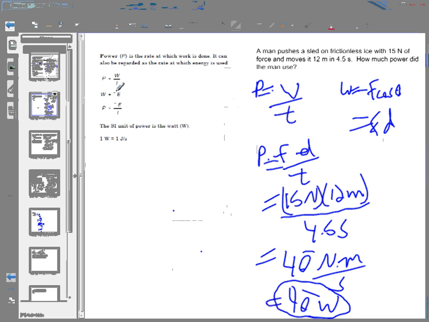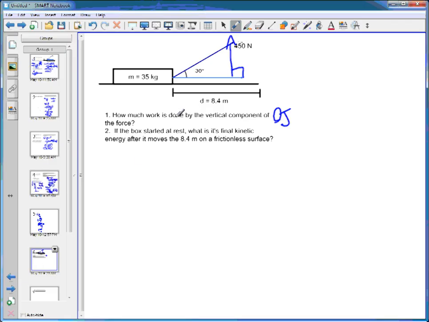If work is equal to energy, and they're interchangeable, and they want to know its final kinetic energy, because it's on a frictionless surface, there's no heat energy created. Therefore, all the energy is turned into kinetic energy. In other words, the amount of work done on the object is equal to its final kinetic energy. So it's really just calculating the work.